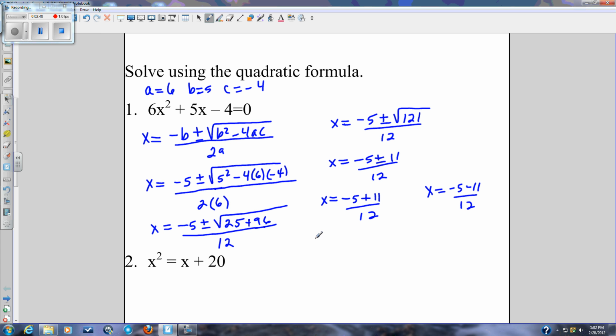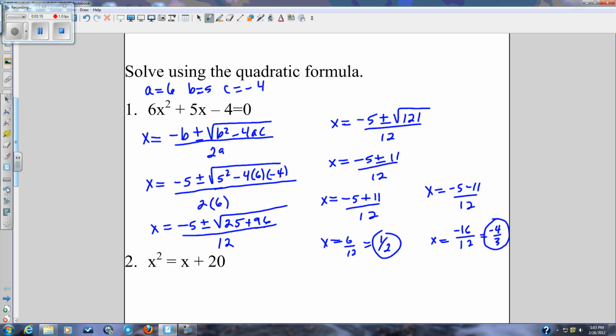Well, negative 5 plus 11 gives you 6. And 6 over 12, of course, gives you a half. So there's one answer. Negative 5 minus 11 gives you negative 16 over 12, which gives you, if you reduce this, negative 4/3. So here are your two solutions.